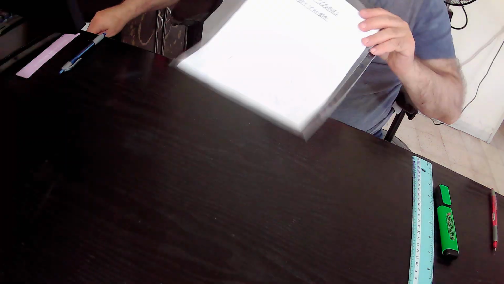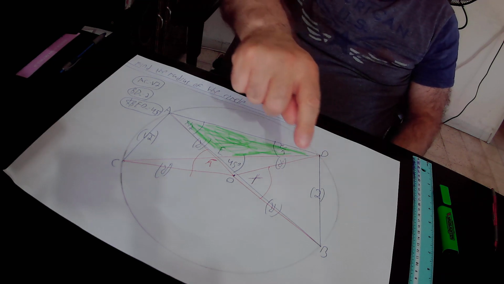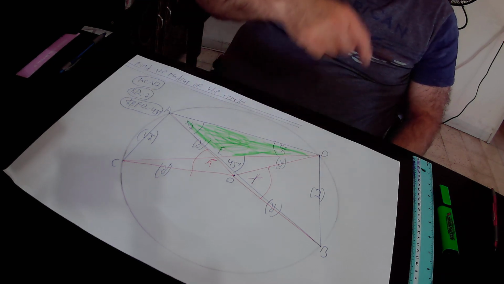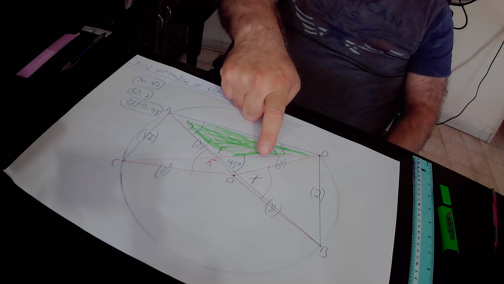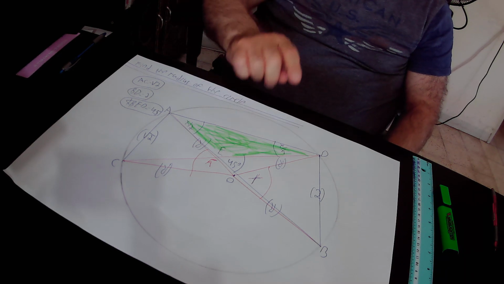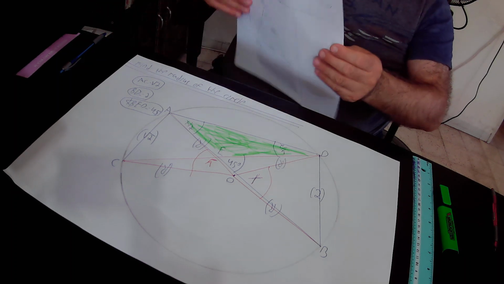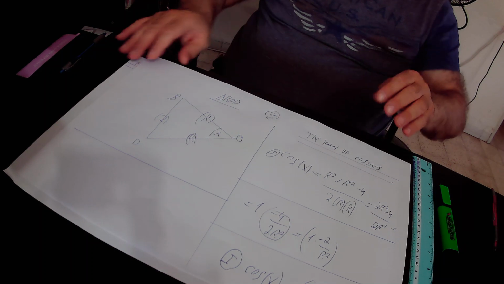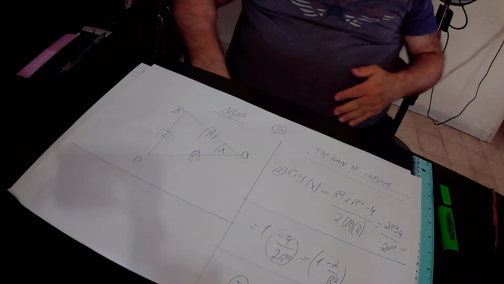So in the next step, I actually copied triangle OBD in a new page, and we implemented the law of cosines in this triangle ODB. So actually, this is triangle ODB that I copied from the original drawing.